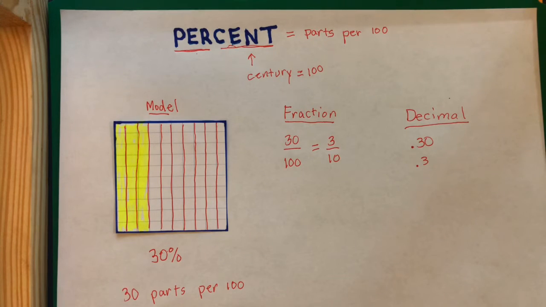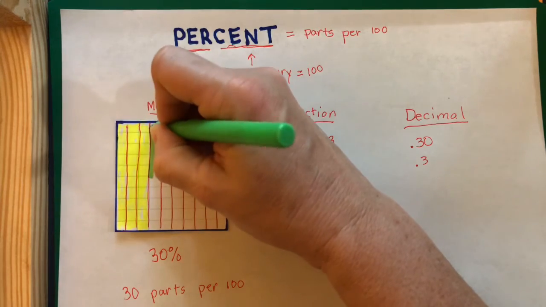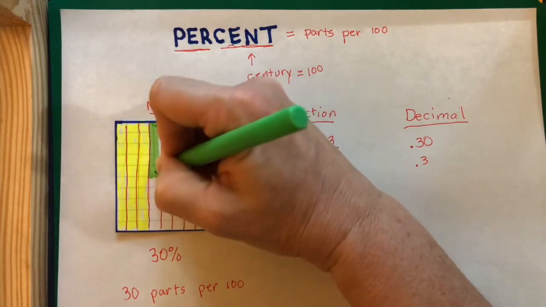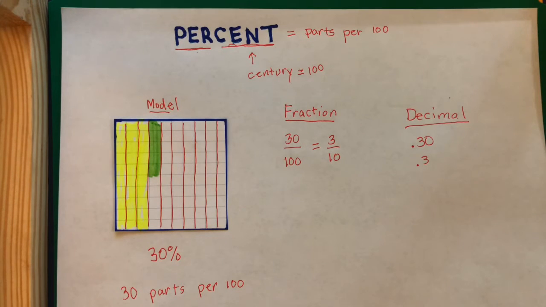Now, let me look. What if we had 35 100ths? So if I wanted to change this one and I wanted to make it 35 hundredths, I'm going to color in 5 more. So there's my model. So I'm going to do this in a different color.